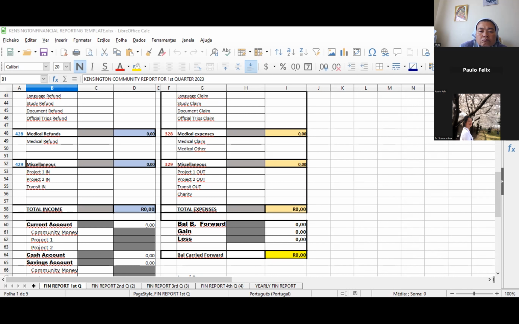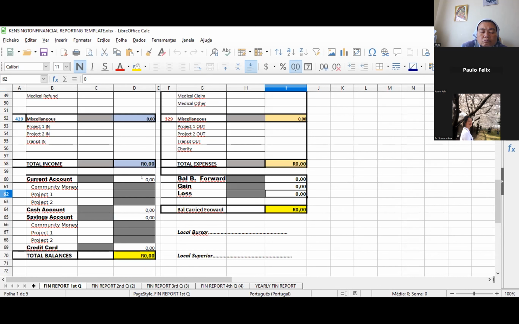The gain or loss depends on the difference between total income and total expenses. If it is a gain, put it as positive in this line. If it is negative, put a minus for the difference between income and expense.